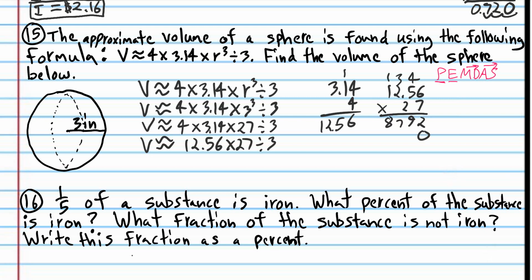Put a placeholder, and add those numbers up. So we have 339.12, divided by 3. So we just have to do one more operation.